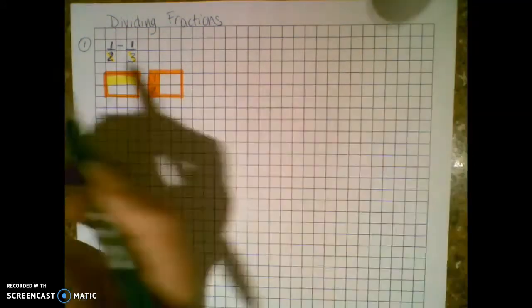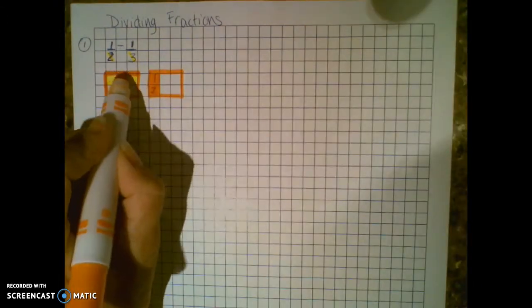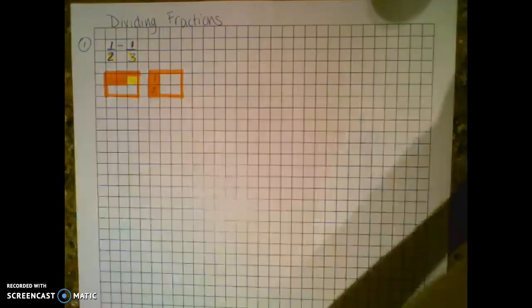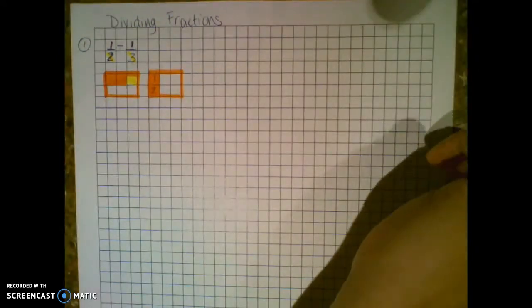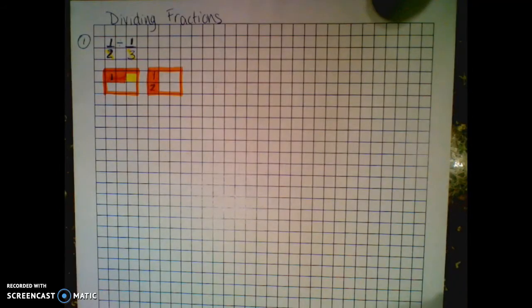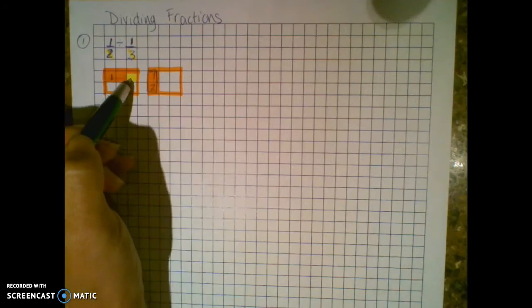So if I'm looking here, 1/3 goes in once, but it can't go in the second time because I don't have 2 more squares left. So it can go in one whole time. And how much of 1/3 do I have left over?